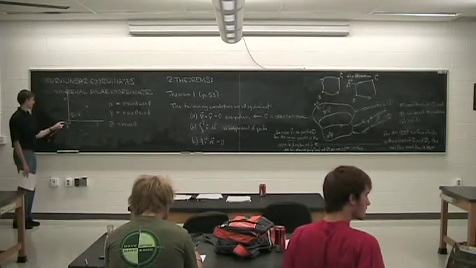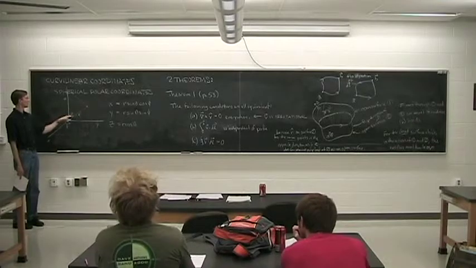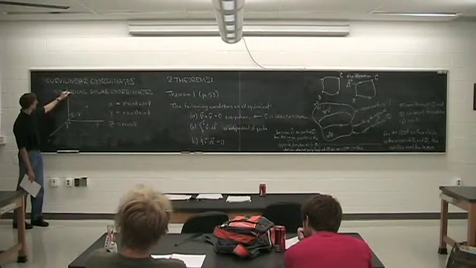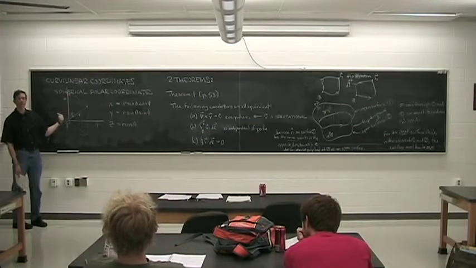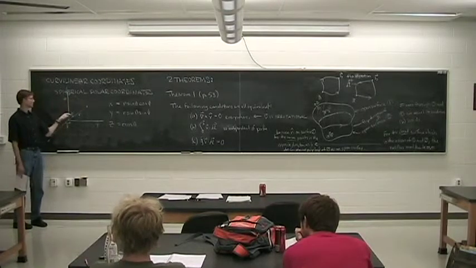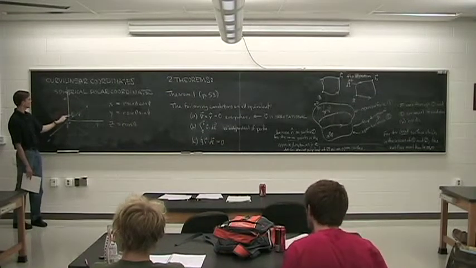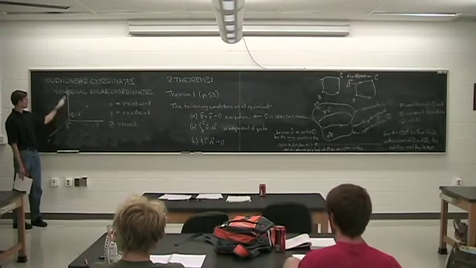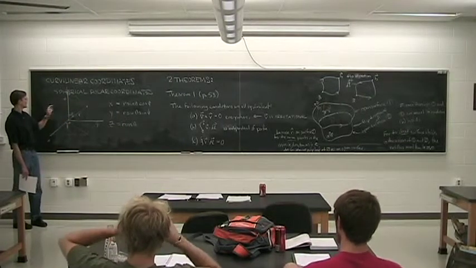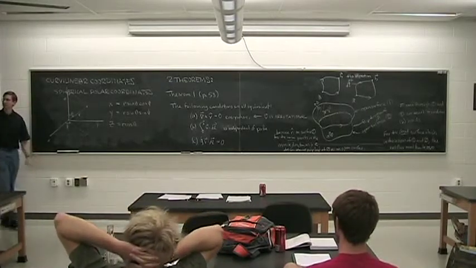If I project onto the z-axis, I'm just going to get a right triangle. Even though it doesn't look like it in the picture, that's actually a right angle right there. We're just projecting r, the line from the origin to the point, onto the z-axis. Here's the angle theta. We've got a right triangle with hypotenuse r, and therefore that projection onto the z-axis is r times the cosine of theta.